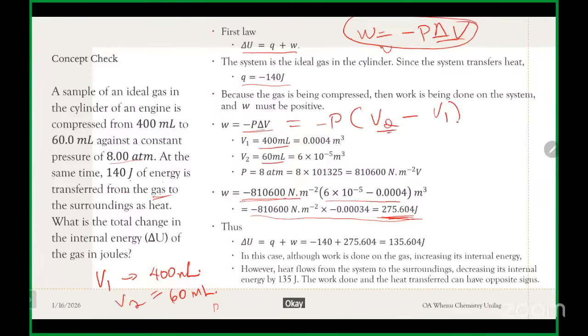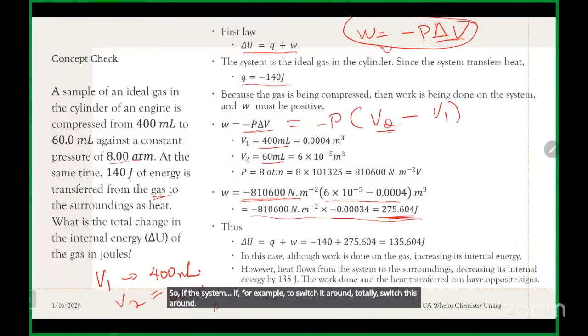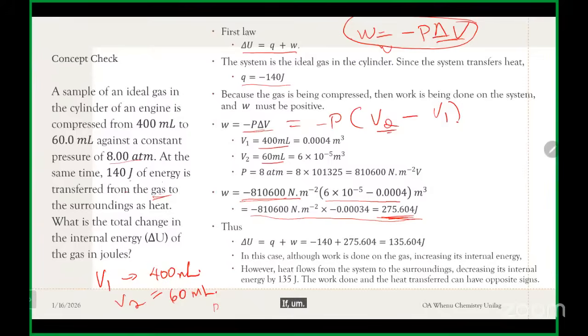Okay, so let's move on. If, for example, to switch it around, Toluwalashe, if your V2 is the one that is greater, it is going to end up negative.